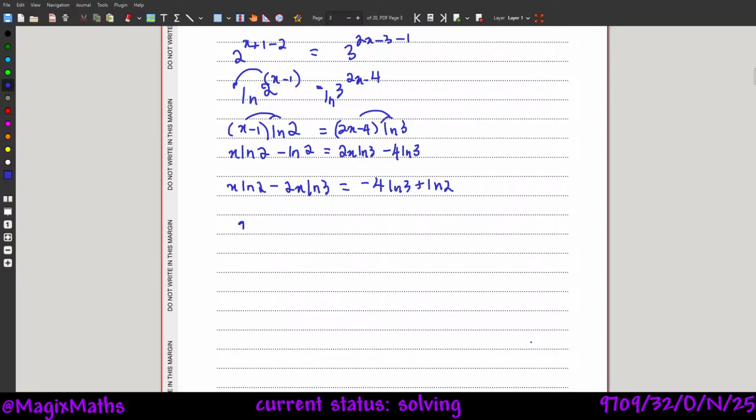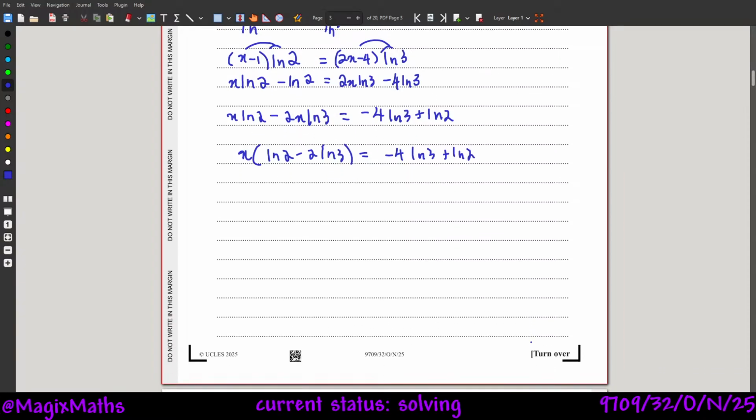So we have x times ln 2 minus 2 ln 3 equals negative 4 ln 3 plus ln 2. And then we can divide the whole thing by this term here. So we'll have x equals negative 4 ln 3 plus ln 2 divided by ln 2 minus 2 ln 3.